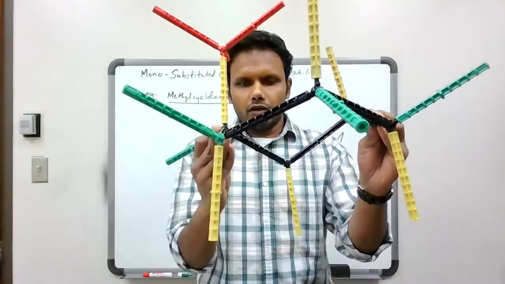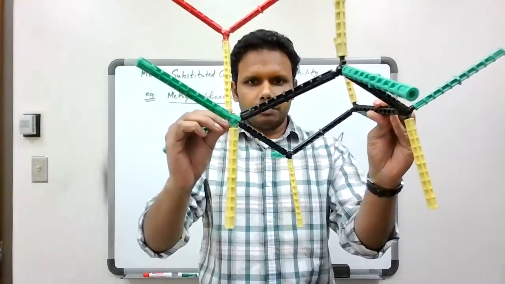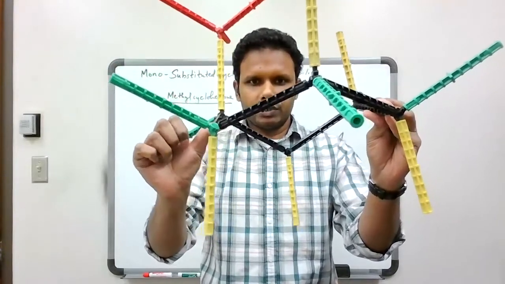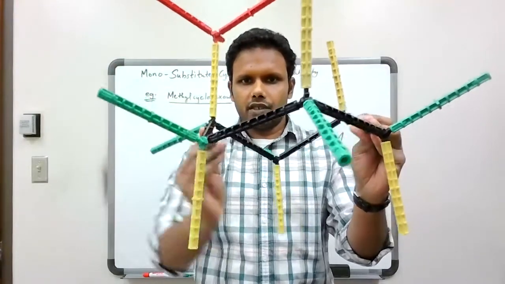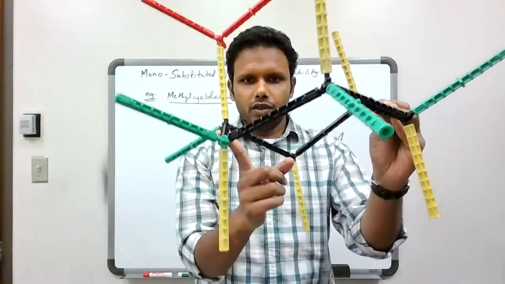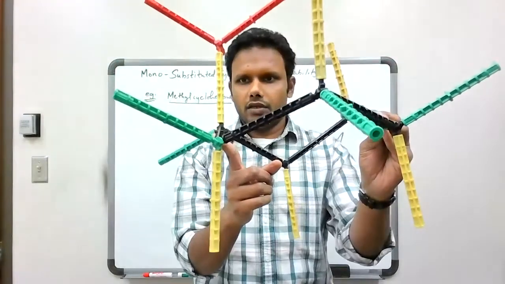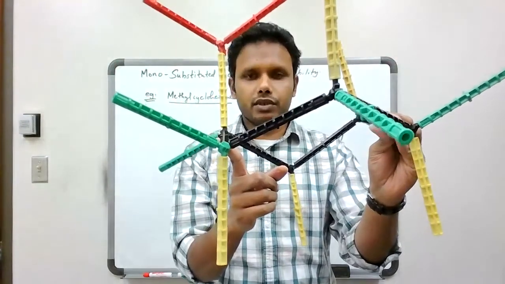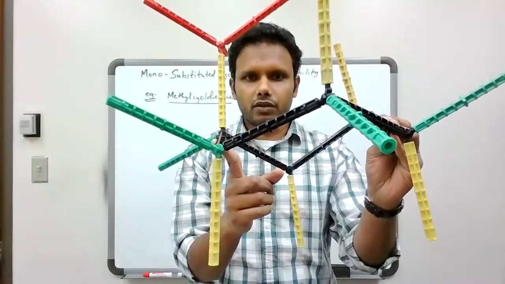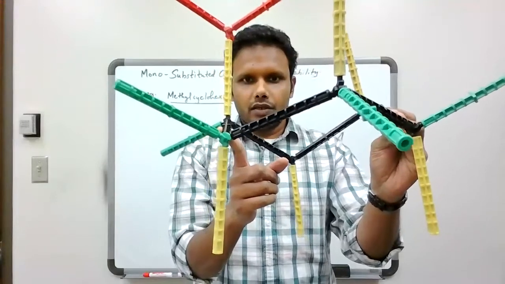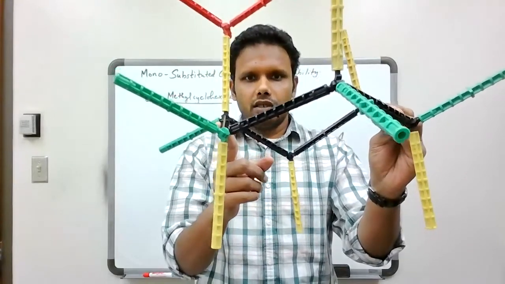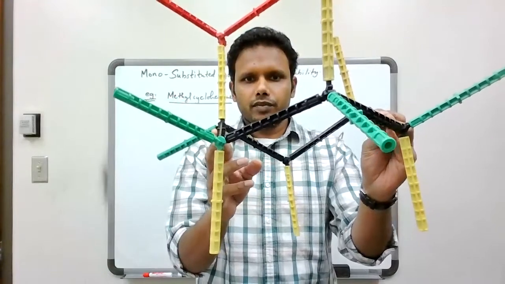So when we look at this Newman projection, okay, what would you say about the bonds? I would say that all the groups look perfectly staggered, okay? So that is good. It's not an eclipsed conformation when the methyl group is axial. Do you notice something else in this conformation?